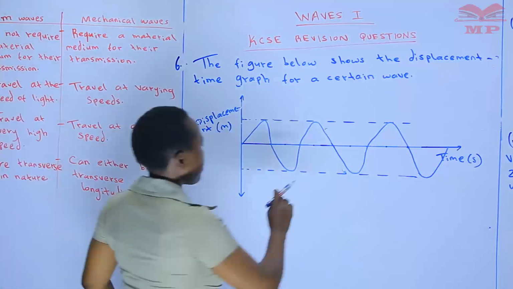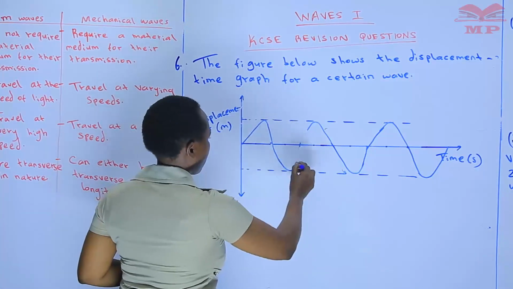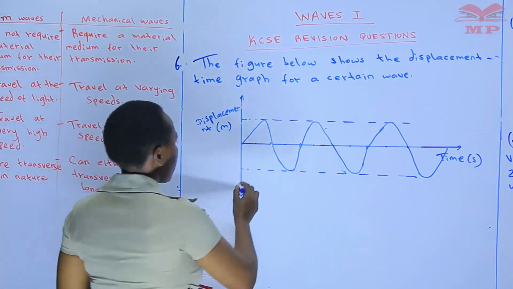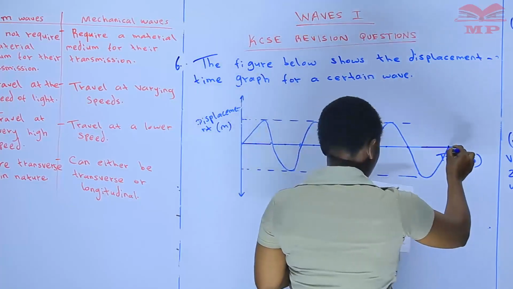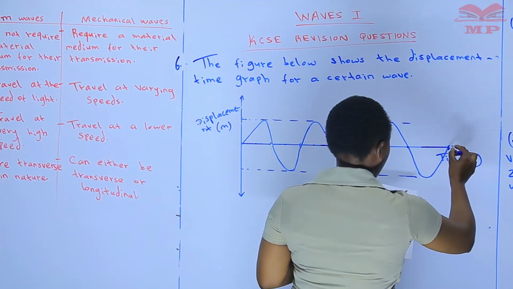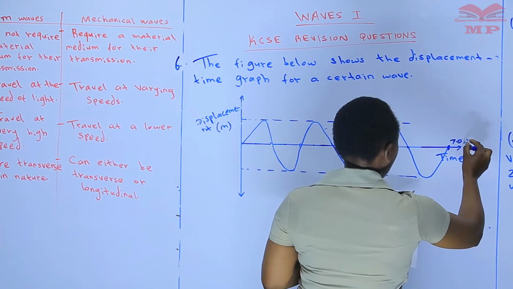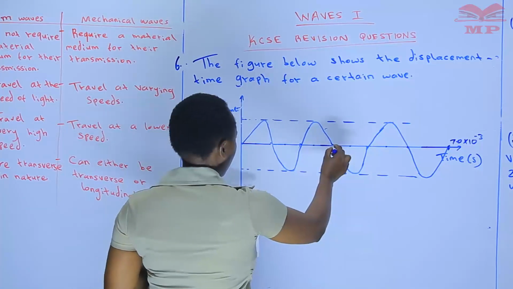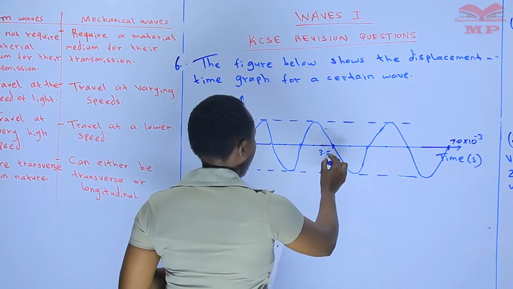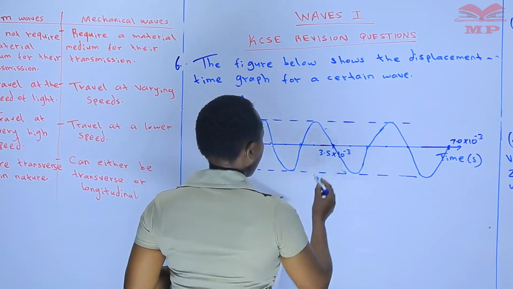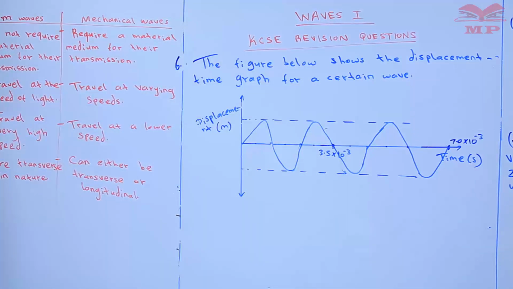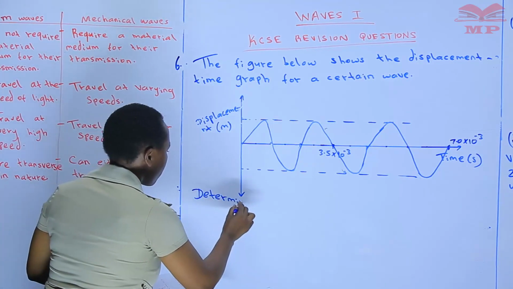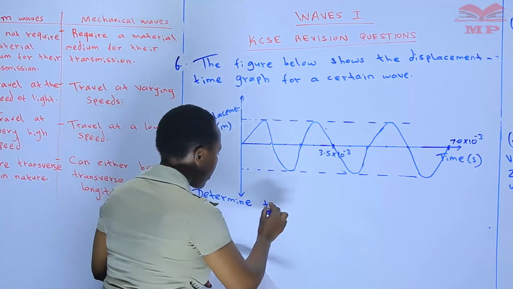So that's the wave. Then we have been given the following for the wave. We have been told that this point is 7.0 times 10 power negative 3 seconds. Then we've been told at this point is 3.5 times 10 power negative 3. So that is what we have, and we are told to determine the frequency of the wave.